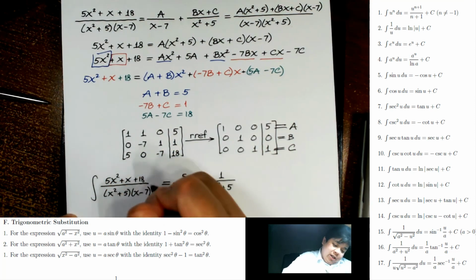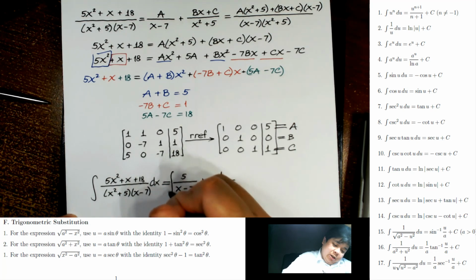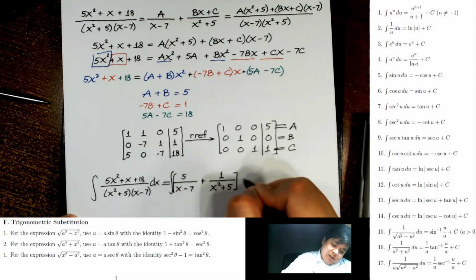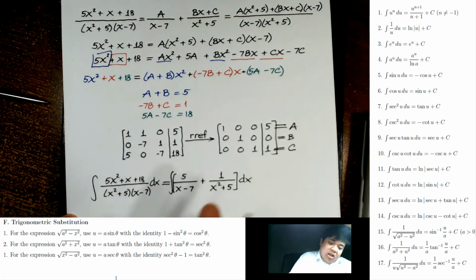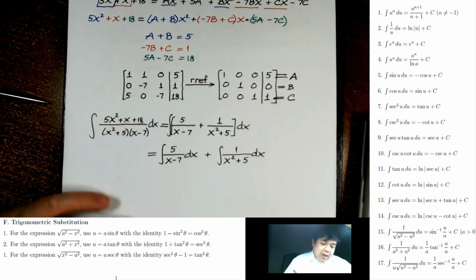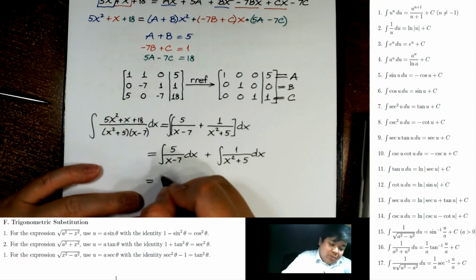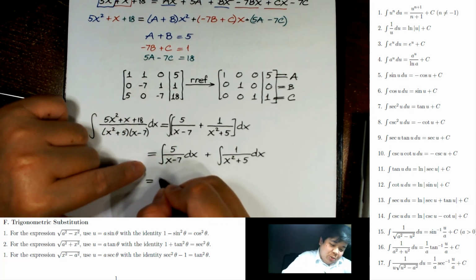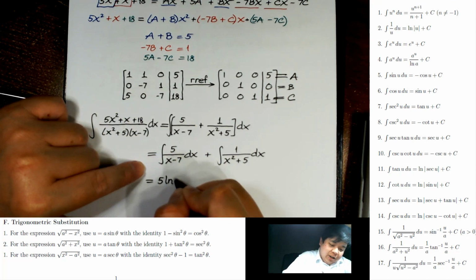So we integrate. We split this into two. For this we can use substitution, but this is 1 over something, so that will be just 5 ln of x minus 7.